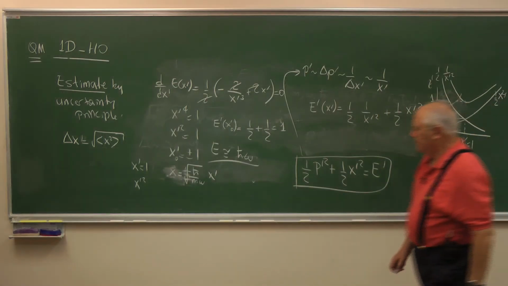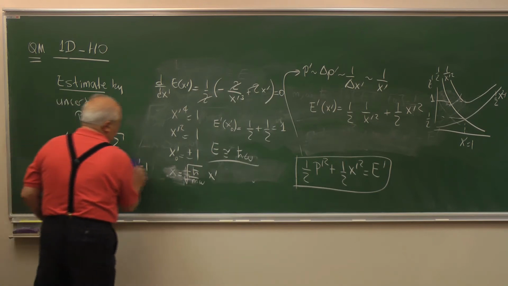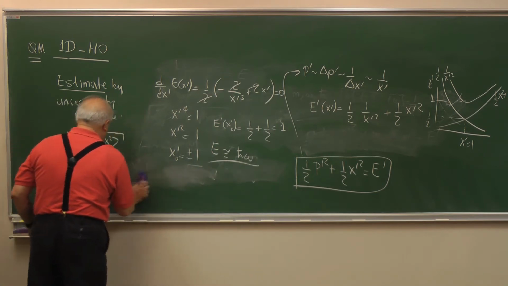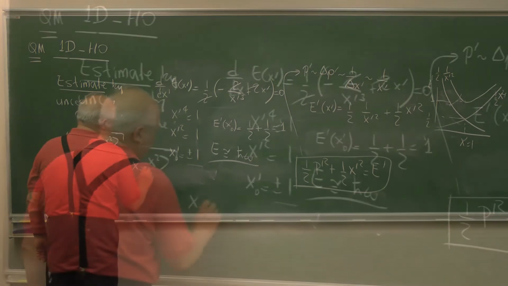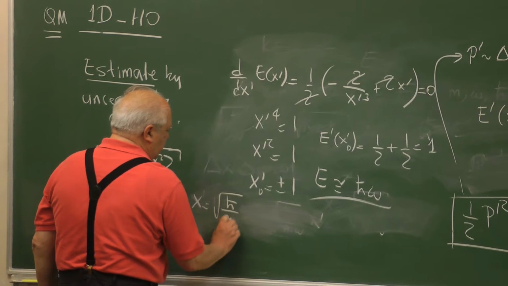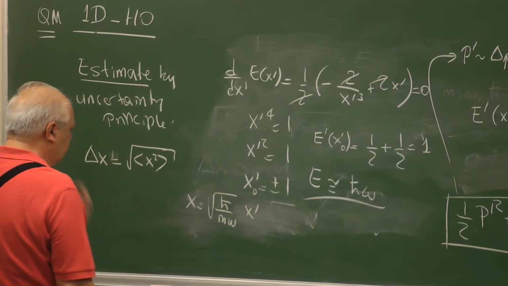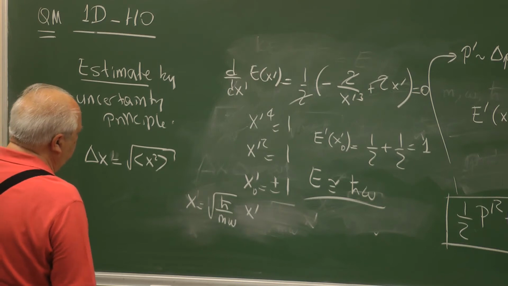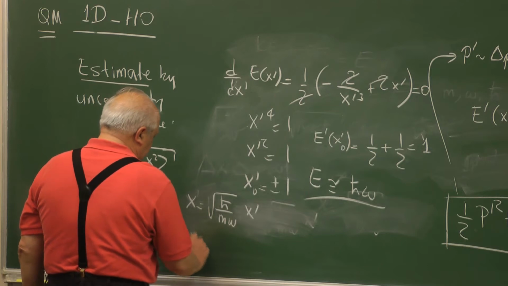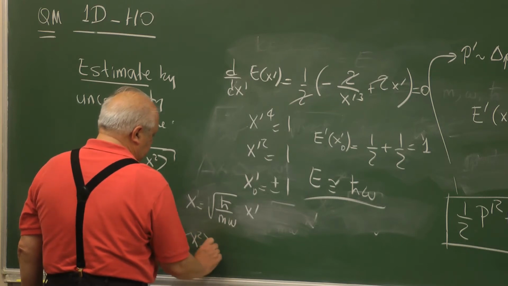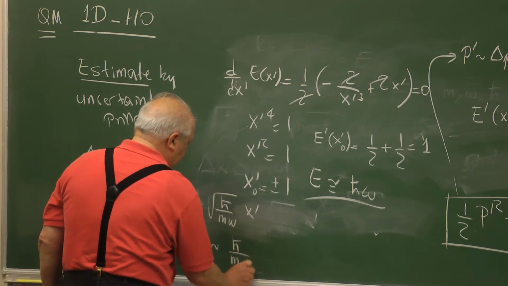And x was root h bar over m omega times x prime, and when x prime is 1, we mean x squared average is likely to be h bar over m omega.